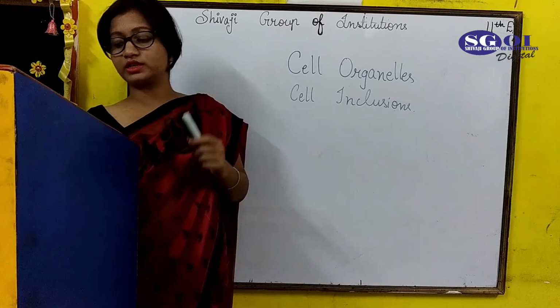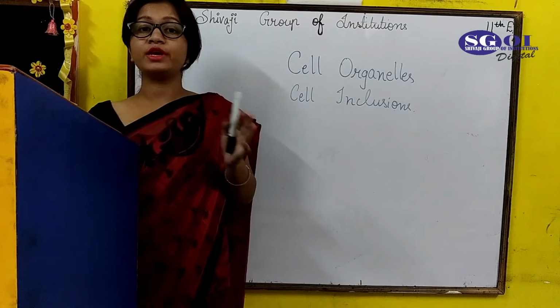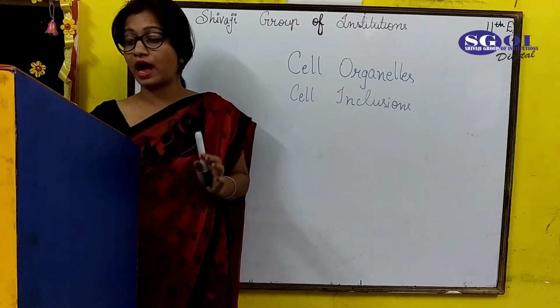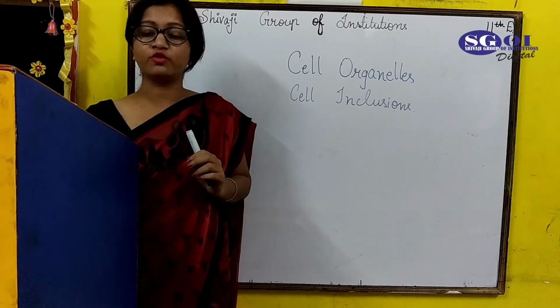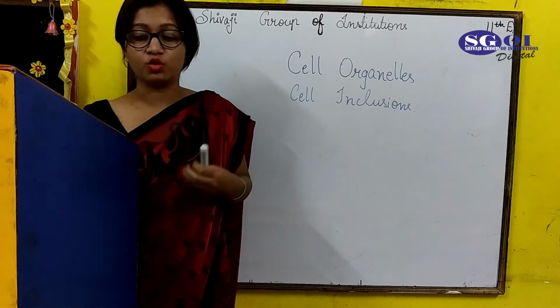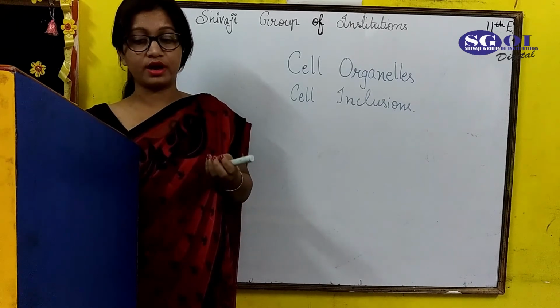Different types of cell organelles are there. The first category is semi-autonomous organelles, those which have their own DNA and ribosomes for the machinery of proteins, like plastids, leucoplast, chromoplast, and mitochondria.